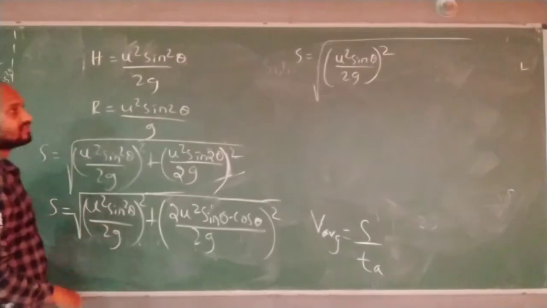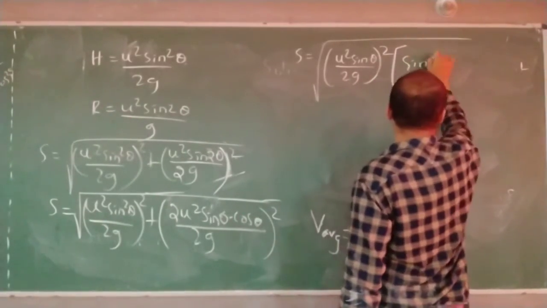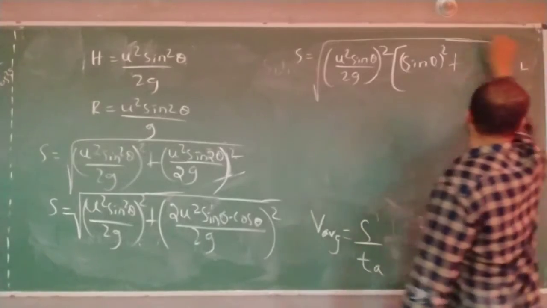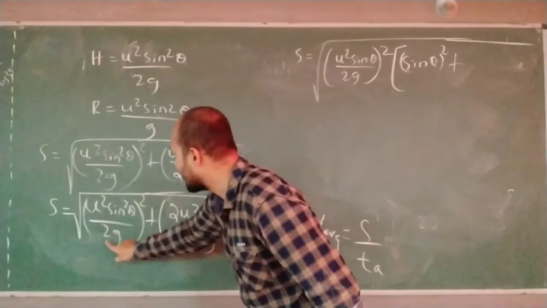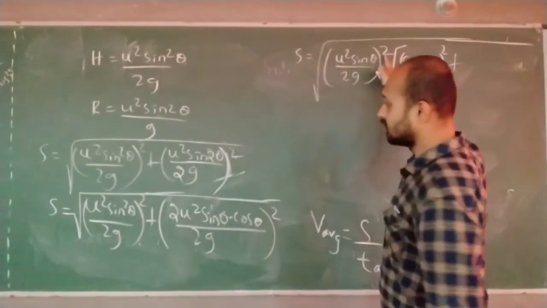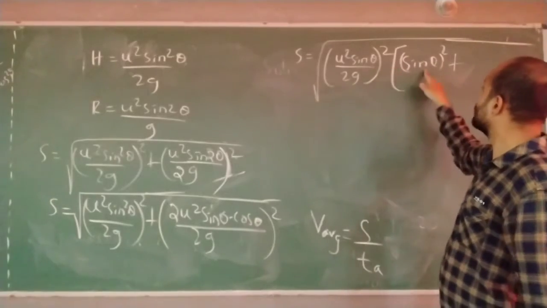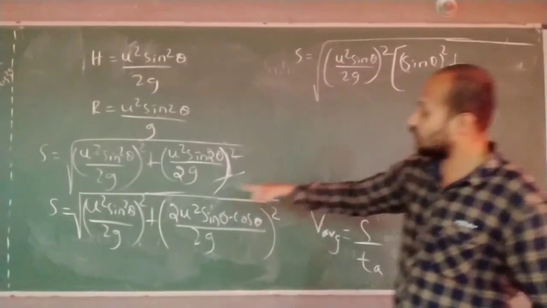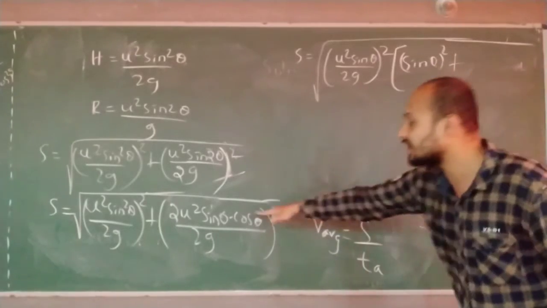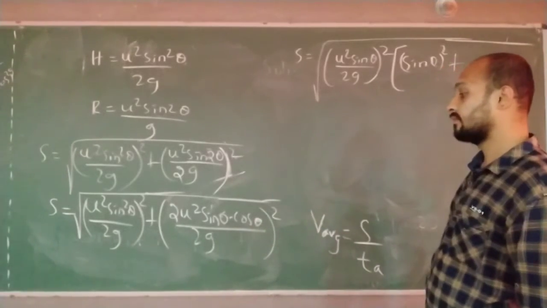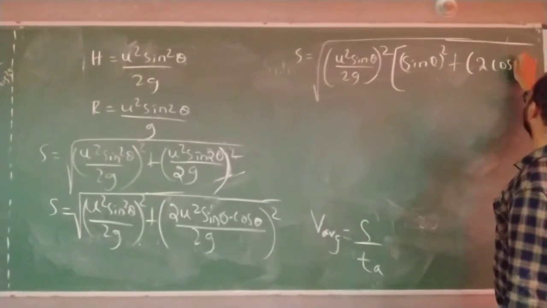The remaining will be sin theta whole square plus 2 into cos theta whole square. Only sin theta is left inside the square in the first term, and 2 cos theta whole square is left in the second.